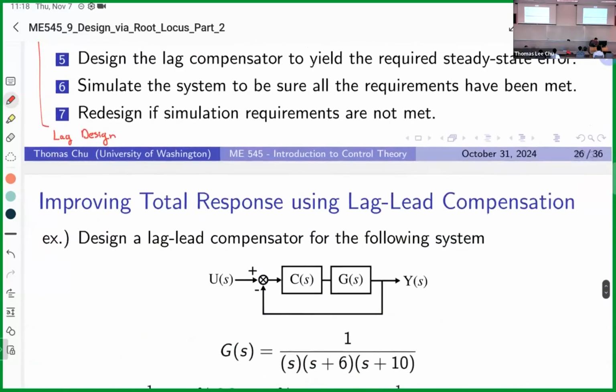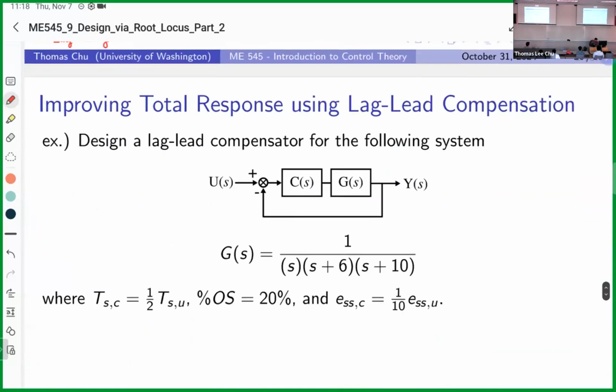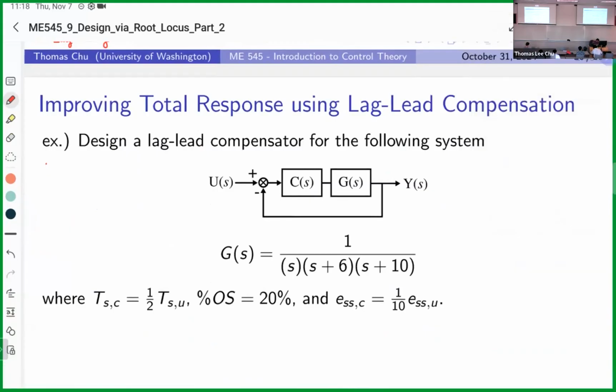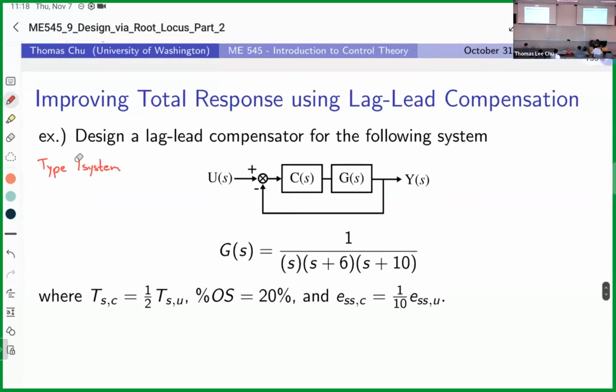And we're going to design a lag compensator for the following system. This is a type 1 system, meaning that steady state error is constant for ramp input. So then we have ESS equal constant for a ramp input.